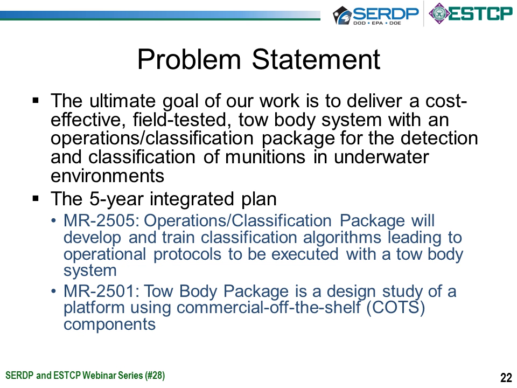The one we're going to be talking about today is the SERDP-funded MR2505, and this is the operations and classification package, which is going to develop and train classification algorithms. The second project is this tow body package, which is an ESTCP-funded project, and it's currently in the design study phase of designing a platform that uses commercial off-the-shelf components.